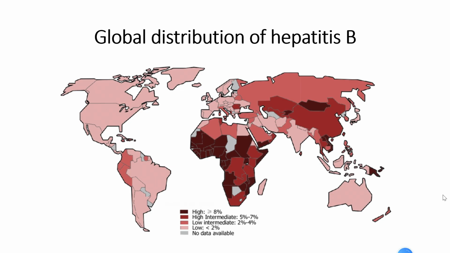So I would suggest you check your immune status, have a serological test to see whether you have the antibody. And if not, you'd better receive a series of HBV vaccine, so that you are protected when you work in the hospital. So this is the HBV.